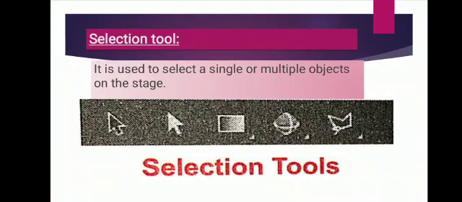polygon tool. So selection tool is used to select a single or multiple object on the stage. For this, to select the stroke fill, text block or group, select the selection tool and then click on the object. You can select the fill shape or stroke outline, double click the fill.